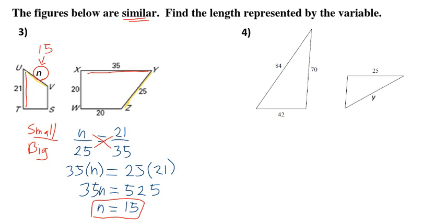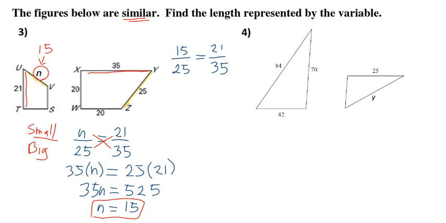You can always check if it is correct or not. Remember that the ratios of corresponding sides in similar figures must all be equal. So if I take this 15 and make the ratio with the corresponding side, 15 over 25, that should be equal to the ratio of the other corresponding sides, like 21 over 35.